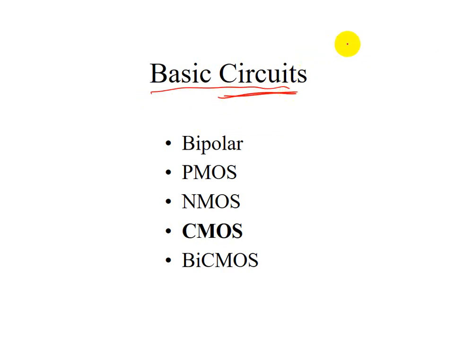Okay, let's talk about what kind of circuits are used in the semiconductor industry. Basically, all those circuits, including bipolar junction transistor, bipolar transistor IC, PMOS, NMOS, and CMOS, the complementary MOS, also called inverter.